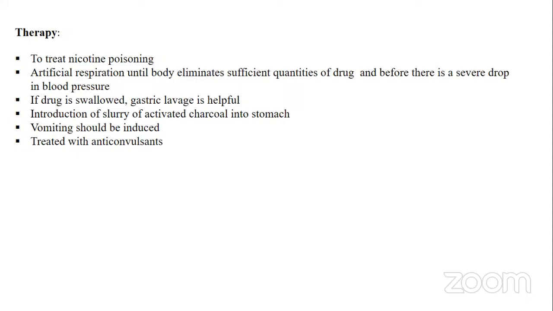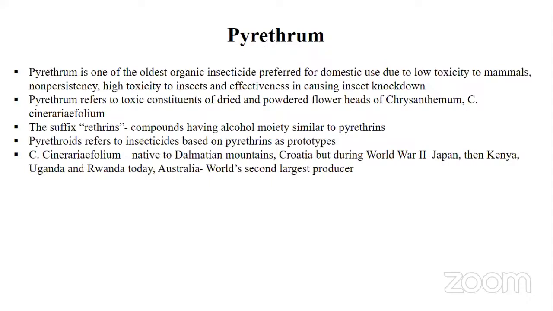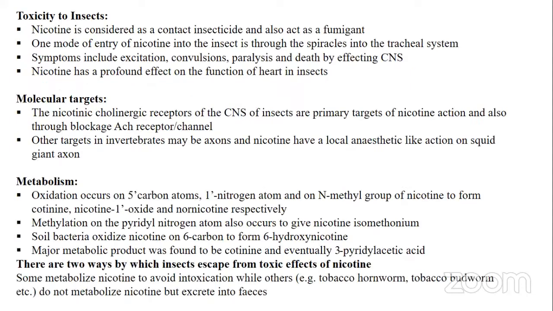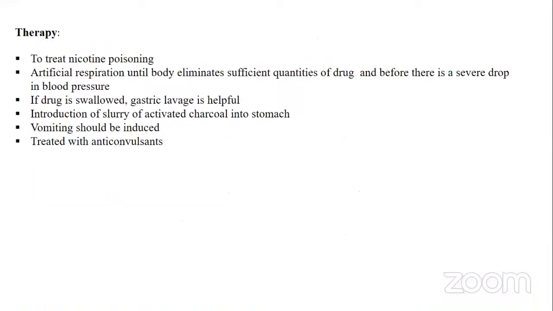By this, we completed the first part, nicotine, which we extracted from the tobacco plant. The second one we are going to study in our next class, tomorrow's class. Before we enter the next topic, we have to complete the structure of nicotine and how the metabolism occurs. By this we completed today's class.